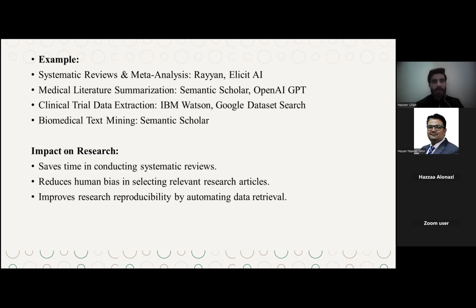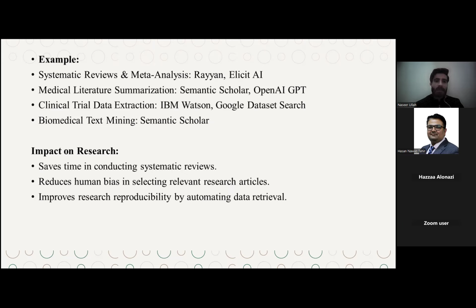Examples: in systematic review and meta-analysis, we use Rayyan for screening and Elicit AI for data extraction. Medical literature summarization: here we use Semantic Scholar and OpenAI GPT. Semantic Scholar is used for searching articles, and OpenAI GPT, like ChatGPT, DeepSeek, and Grok 3, is used for various purposes like data analysis and data extraction, but it requires prompts which we have to learn.